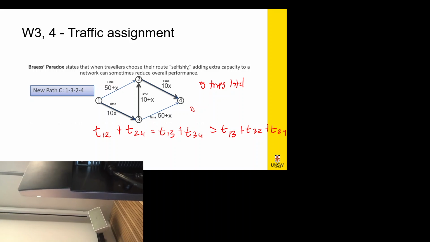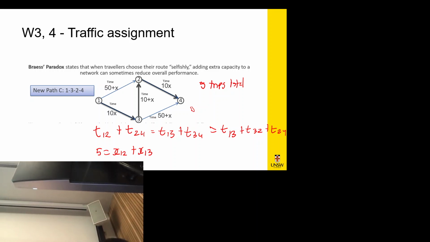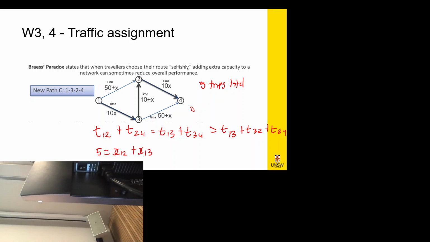So what I can say here next is that 5 is equal to x 1 to 2 plus x 1 to 3, and that's also equal to, so that's demand conservation.